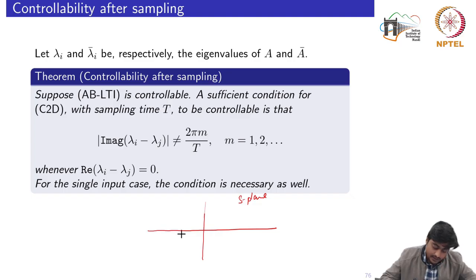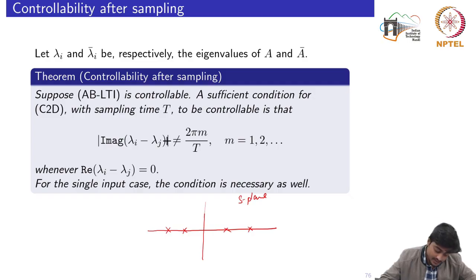Now if all the eigenvalues are on the real axis, let's say we have the eigenvalues here, or anywhere on it, then it means that the system would always be controllable, right? Because there won't be any imaginary part.